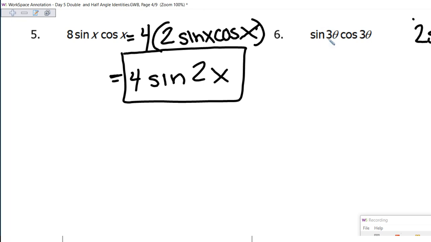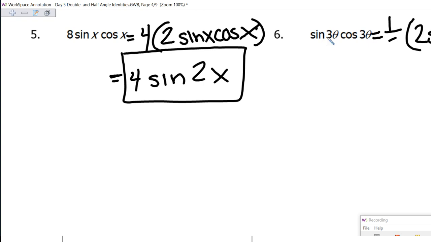That's what it should look like. But they don't have a 2 out front. What do they have? A 1. So what was the 2 multiplied by to get the 1? 1/2. So this is 1/2 times 2 will get us 1 sine x cosine x.